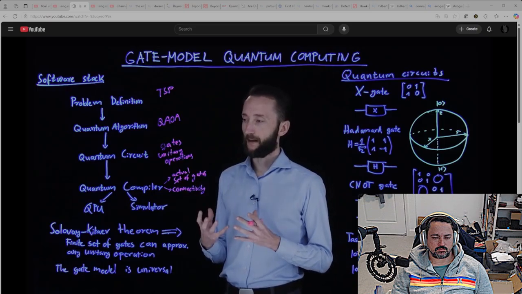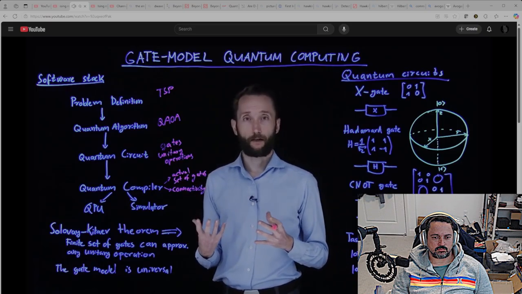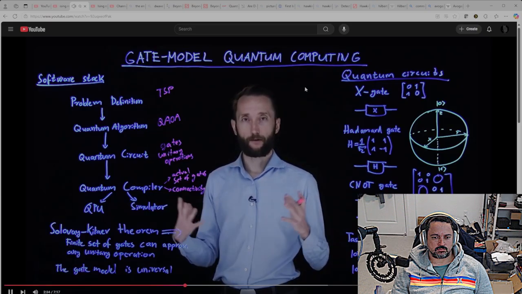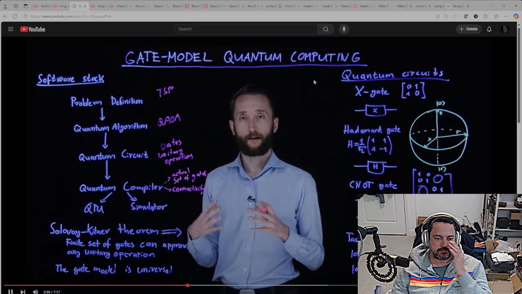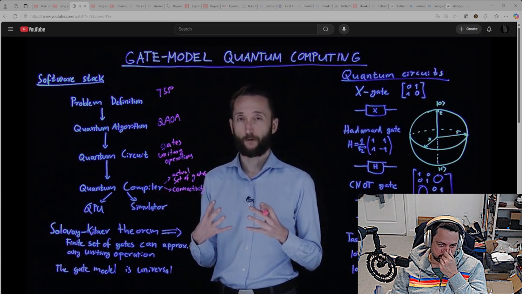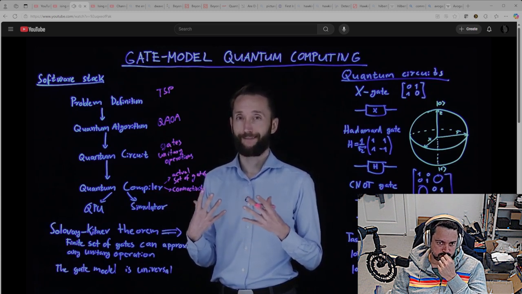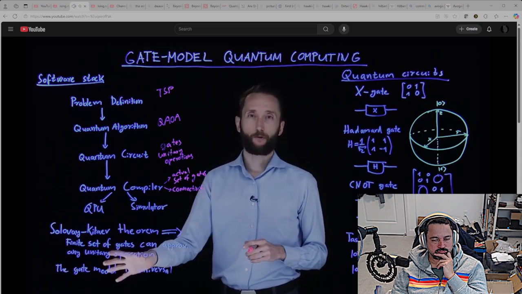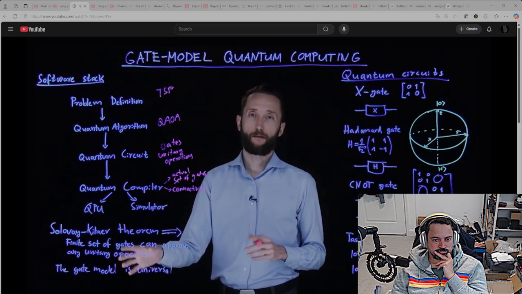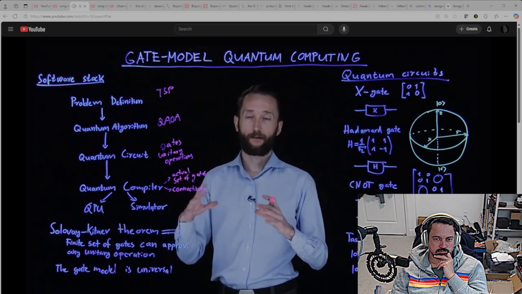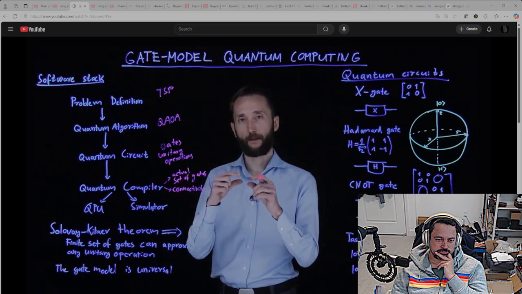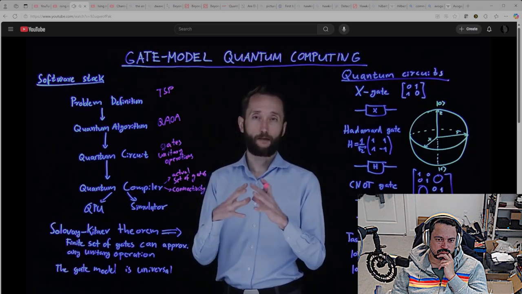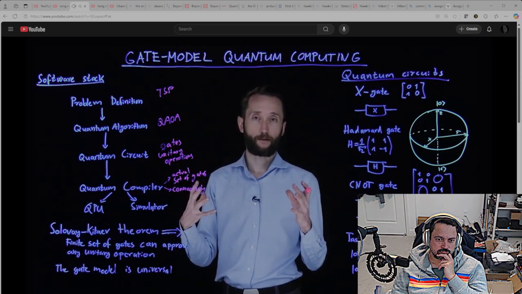So there is this fantastic theorem called the Solovay-Kitaev theorem, which says that you can approximate any unitary operation by a finite set of gates, and this approximation is efficient. You don't need that many gates. And this is what makes the gate model quantum computer universal, because you can take any unitary and you can decompose it into elementary gates, which just act on 1 or 2 qubits and reconstruct the effect of this unitary.